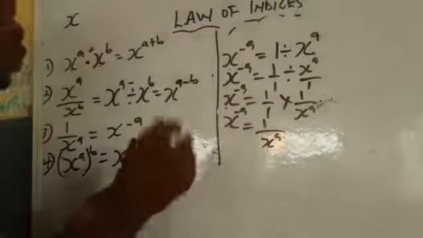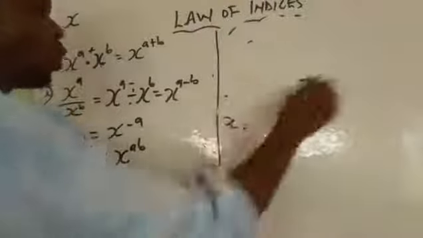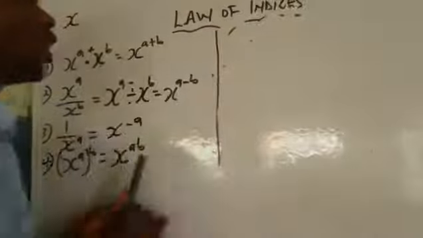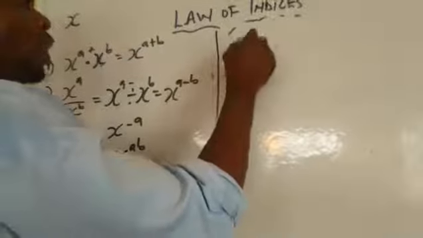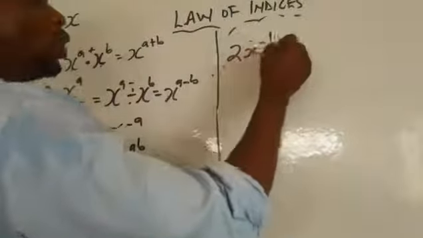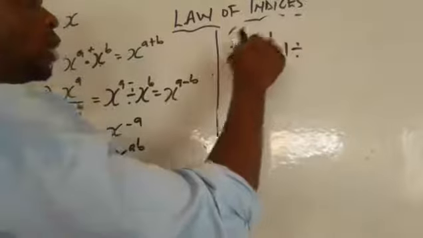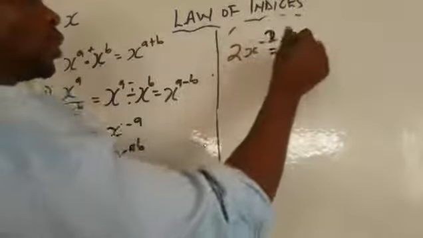So if you want to get a question on this one, let me quickly give you something like this. If you have 2x raised to power minus 2, let's say, it's going to give you 1 division.